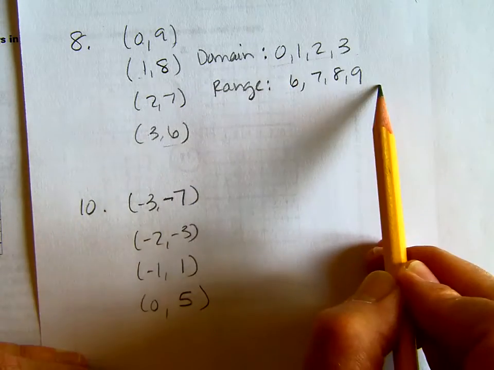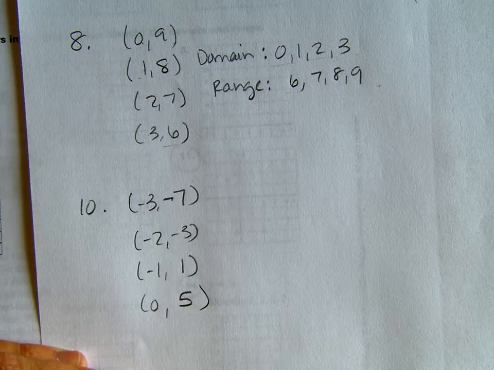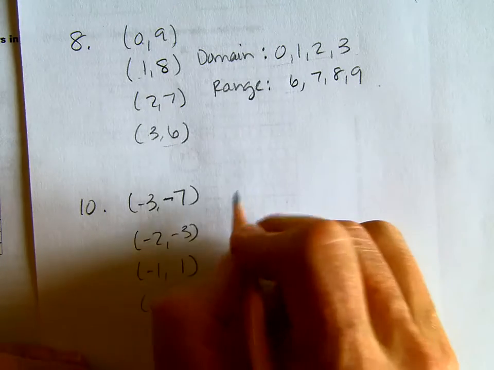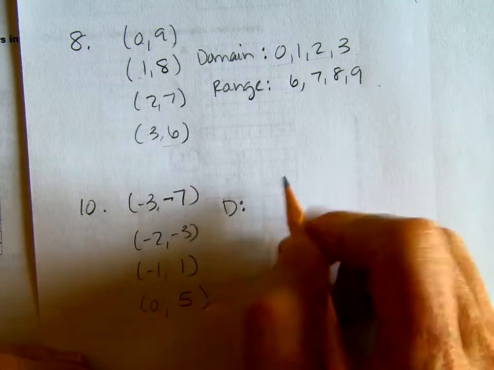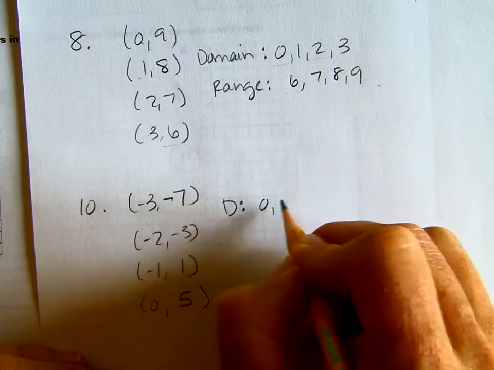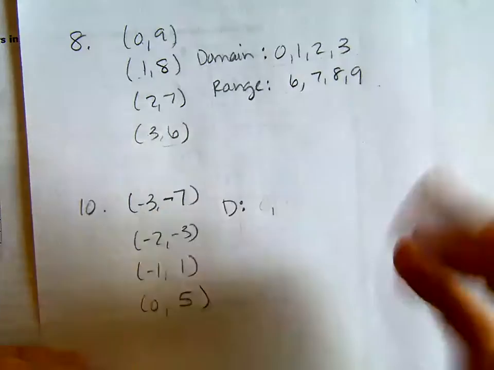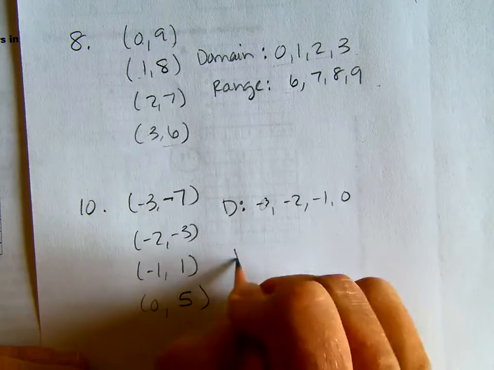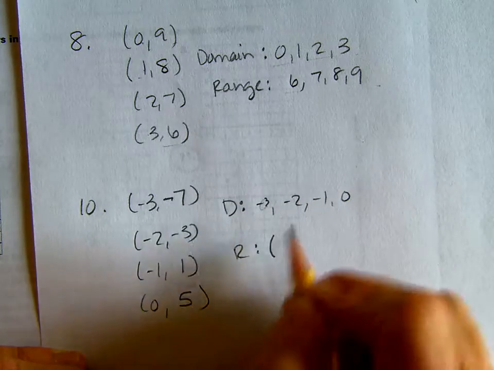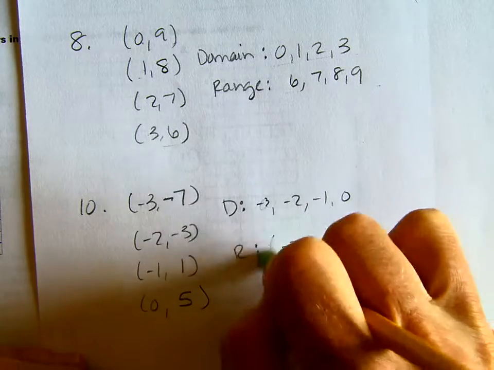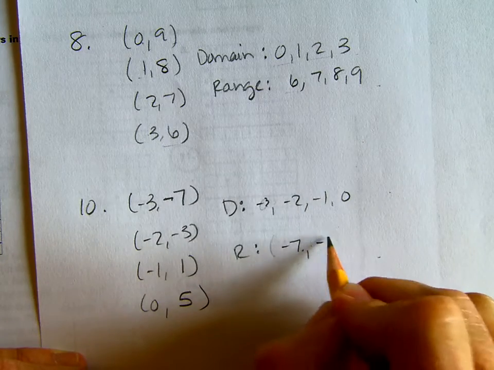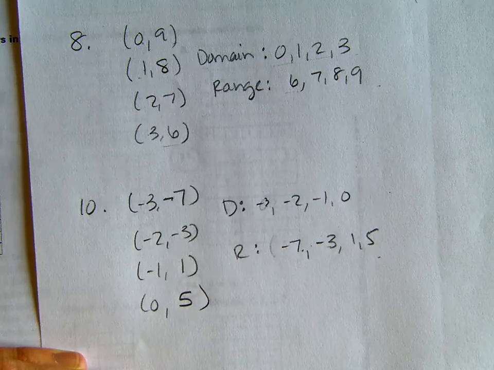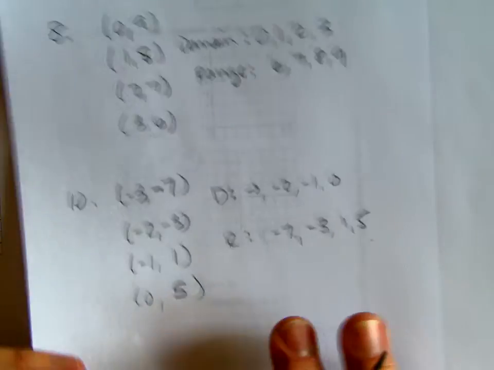When I'm writing the domain and the range, I would list them in an order that makes sense. So down here, my domain would be, well, negative 3 would come first: negative 3, negative 2, negative 1, 0. And my range would be negative 7, negative 3, 1, and 5.